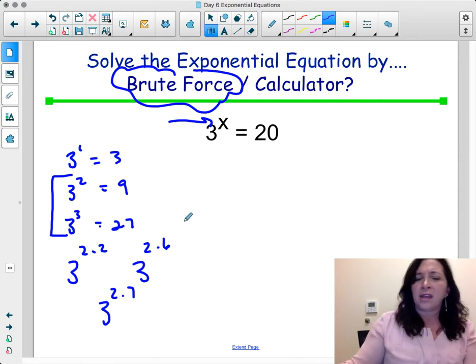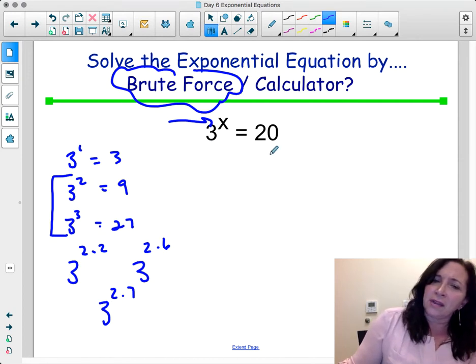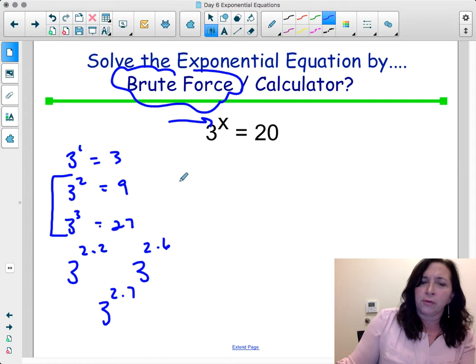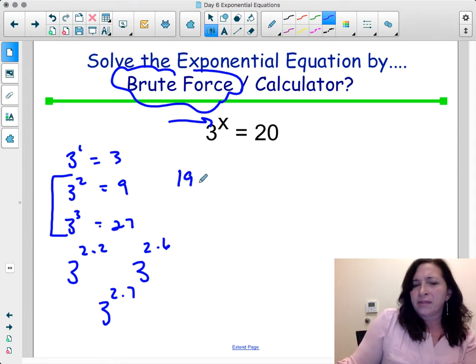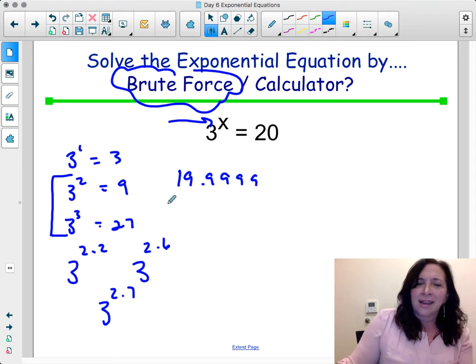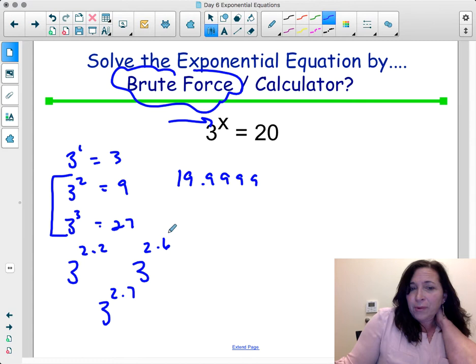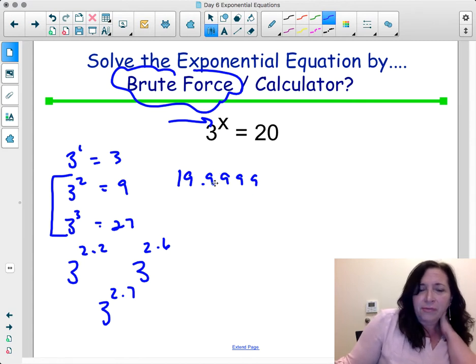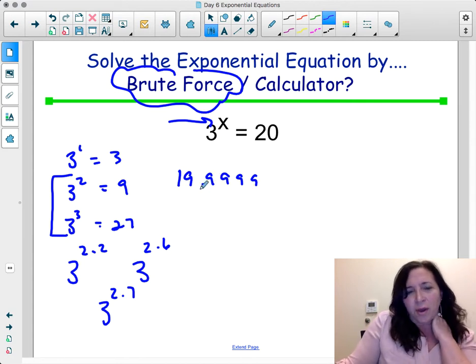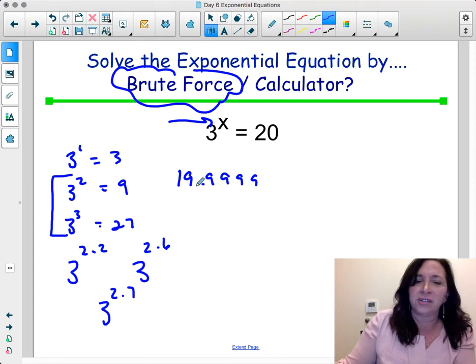Plug in values, and your job is to try to get to 20 without going over. What I mean by that is I want something like 19.9999, and I want that number. So in order to find that number, you're going to have to randomly plug in values. Okay, so if you want to take a minute to go ahead and practice that, then I would suggest you do that.